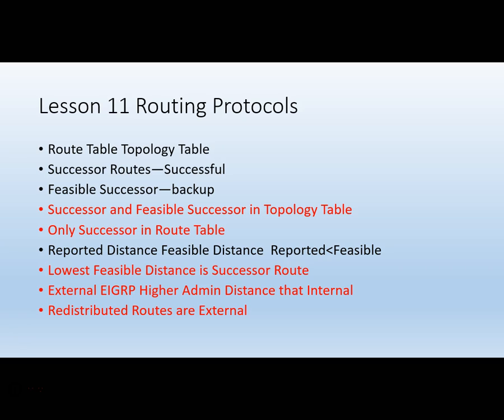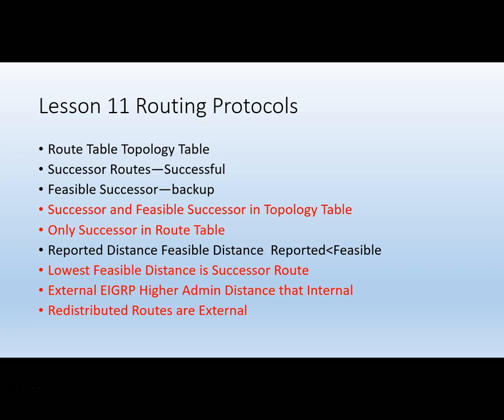Routing protocols. In EIGRP, we have a route table and a topology table. The route table has routes. The topology table is going to have the backups. We'll get those in just a second. The topology table is going to have the successor routes, the successful ones, as well as the feasible successor routes, which are backup routes.